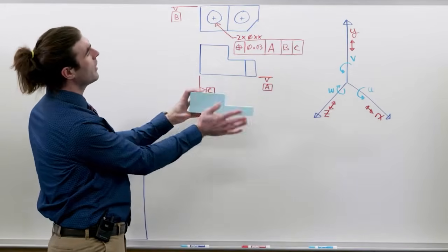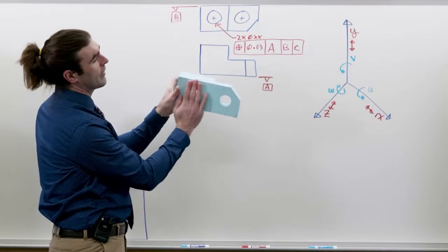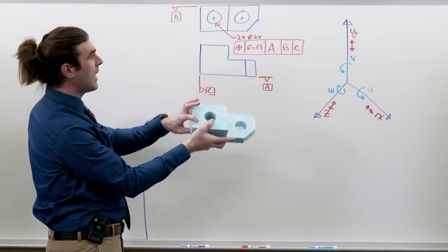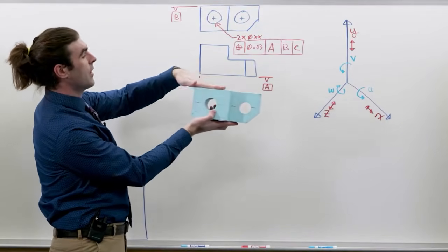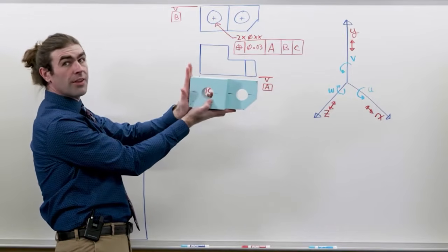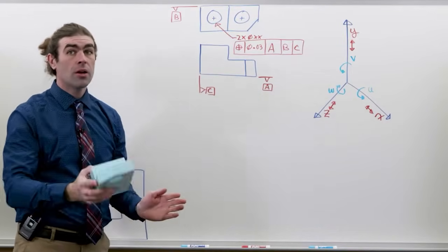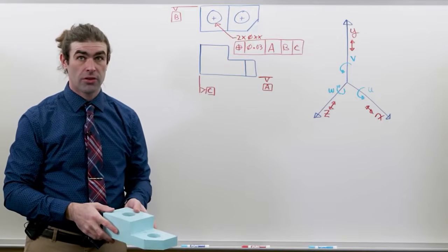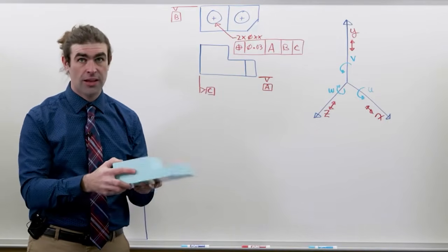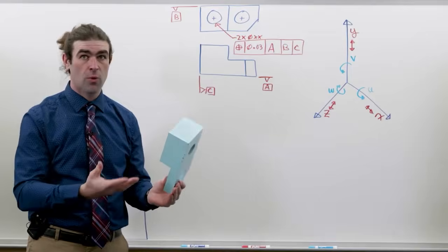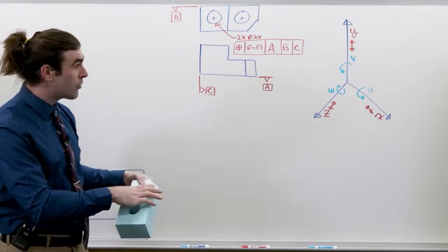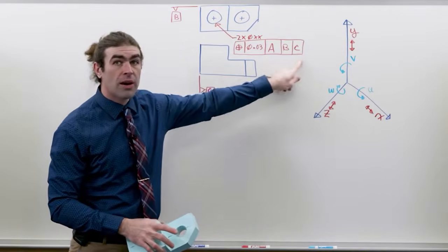So I've got this part drawn on the board. We've identified this bottom surface as datum A, this surface is datum B, and this surface is datum C. We want to set the part up for inspection, right? You can't just guess. You can't just put it down and measure from wherever. The instructions are given right here.